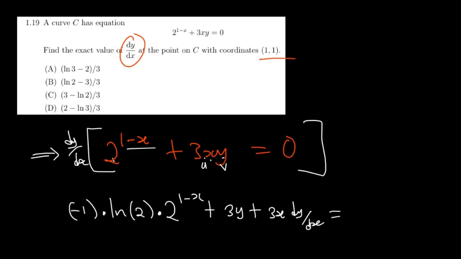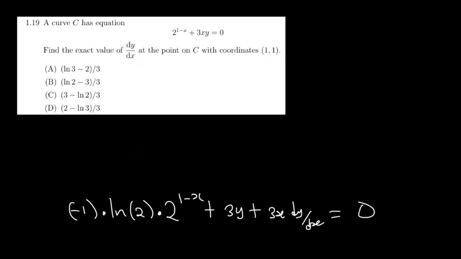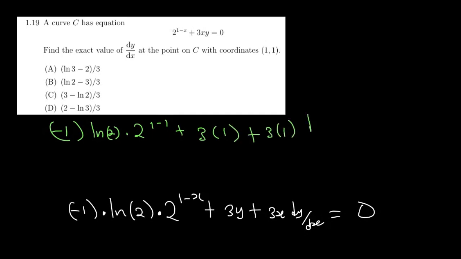The derivative of 0 there is just 0. And then we are finding this at 1, 1, so we can put these values there. So it will be minus 1, ln 2, multiplied by 2 to the power 1 minus 1, plus 3(1), plus 3(1) dy dx is equal to 0.